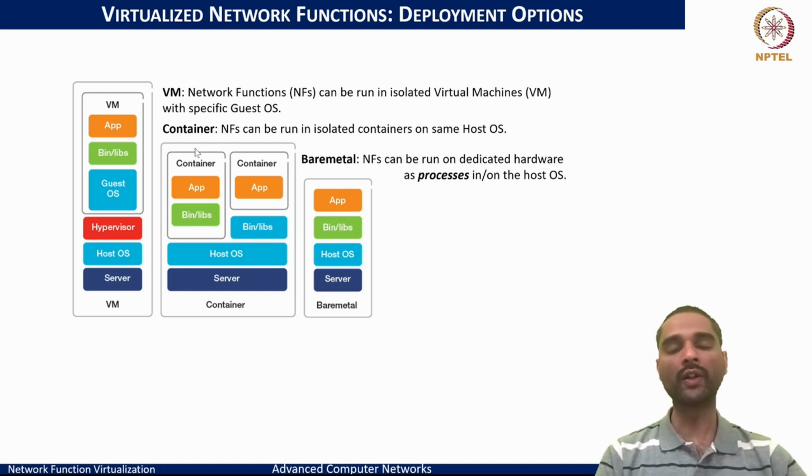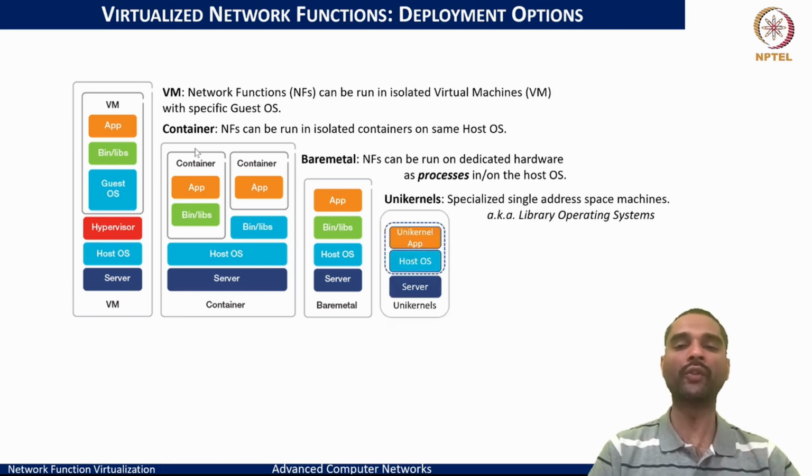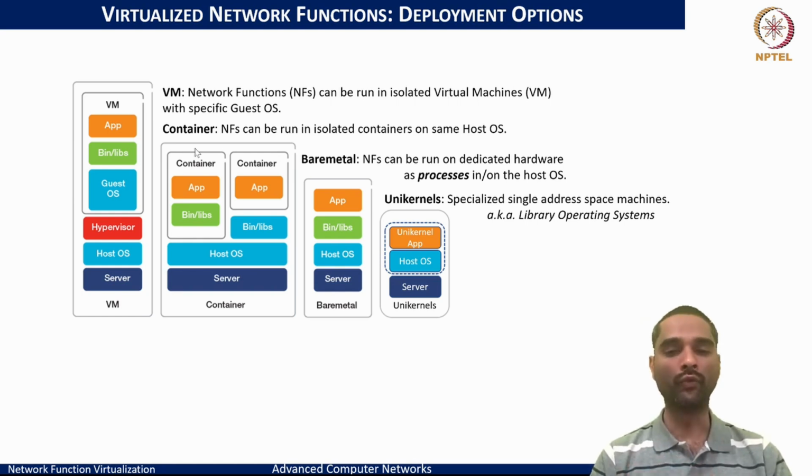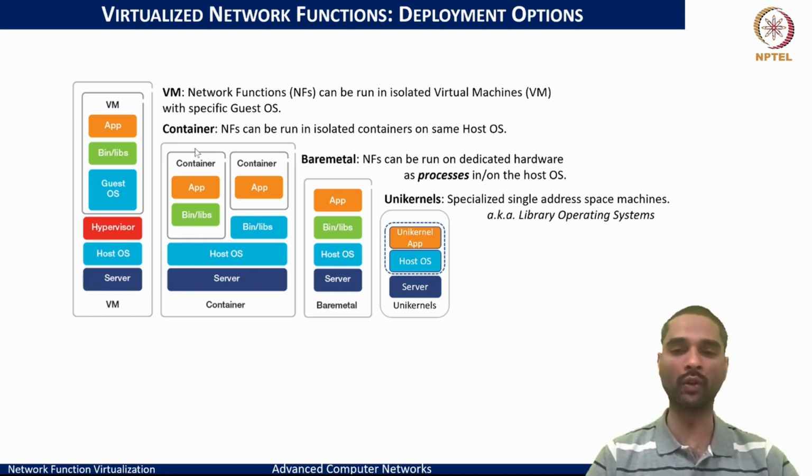And there was also an interesting path that the researchers proposed, and what we call the unikernels. Here, think of a unikernel as a dedicated kernel which is just doing one function at a time, and that's exactly our network function.